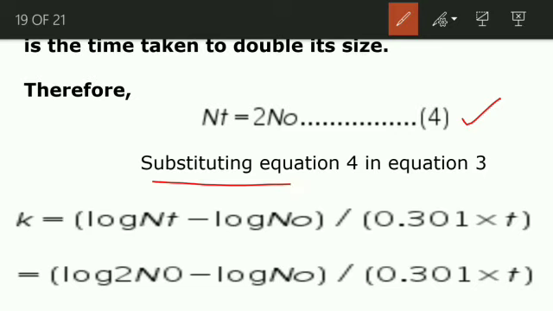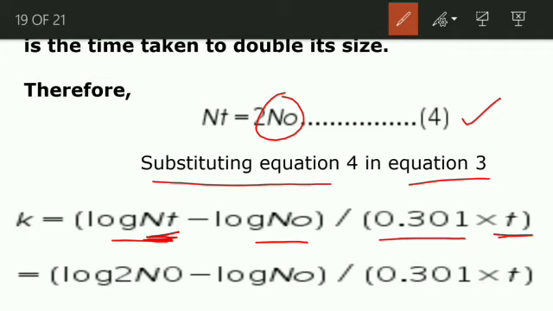Substituting the fourth equation in the third equation, what will we get? We already know K is equal to log nt minus log n naught by log 2 into t. That is what we need. Now we put 2n naught in nt, then K is equal to log 2n naught minus log n naught by 0.3010 into t, or log 2 into t.